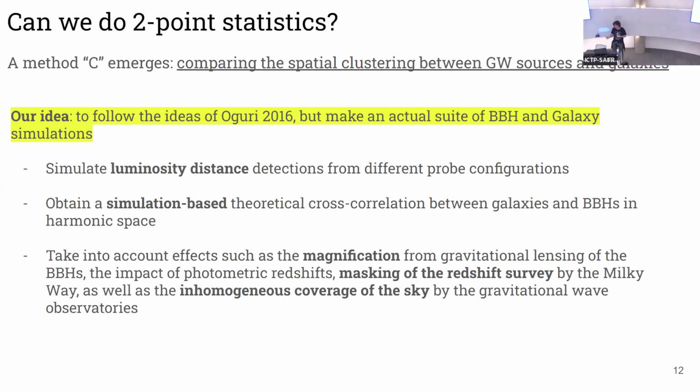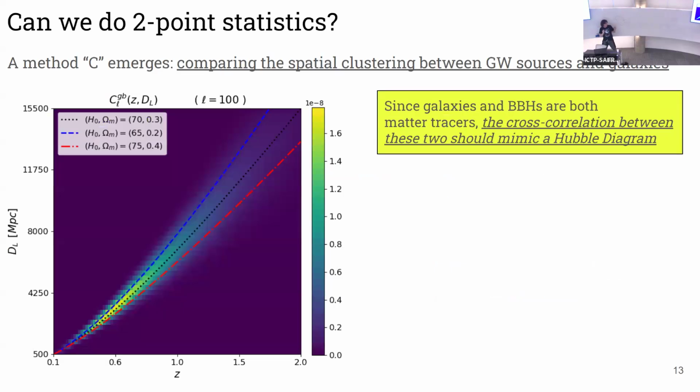We are going to include masks on the galaxy surveys, for example. We're going to take into account that each detector looks into different patches of the sky, and so on and so forth. So I just want to show what an idealized version of this cross correlation would be.